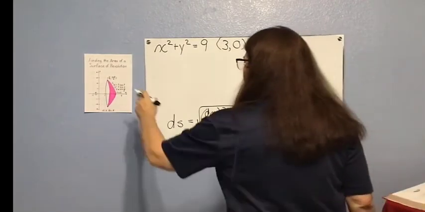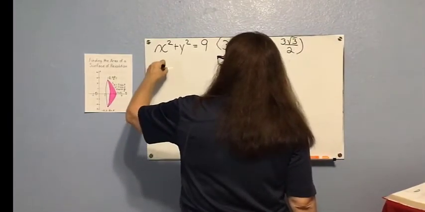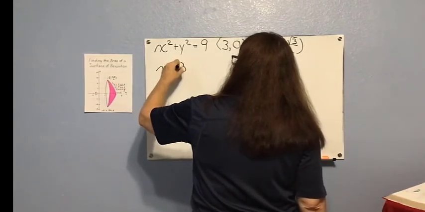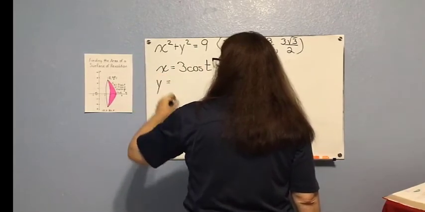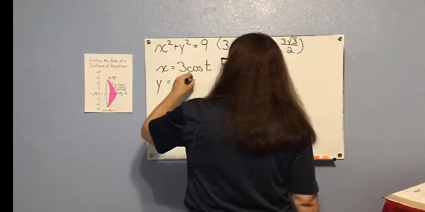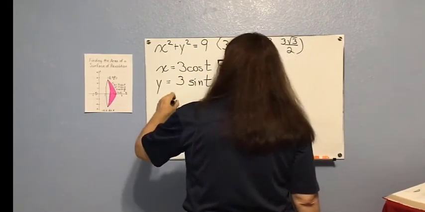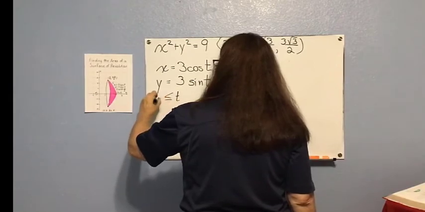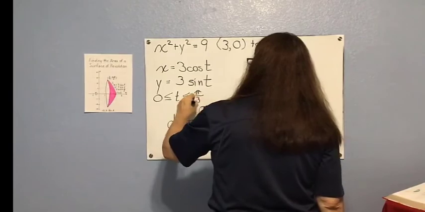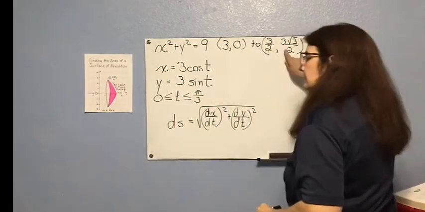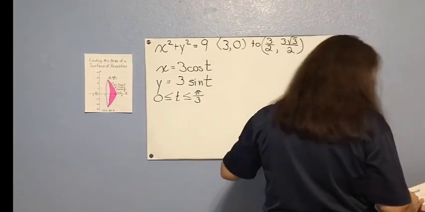Okay, I can represent this curve with these parametric equations. X is equal to 3 cosine t, and y is equal to 3 sine t. And we're going to say that t is in between 0 and pi over 3, because that's what would get us to this point. Okay, let's write out our equation now.